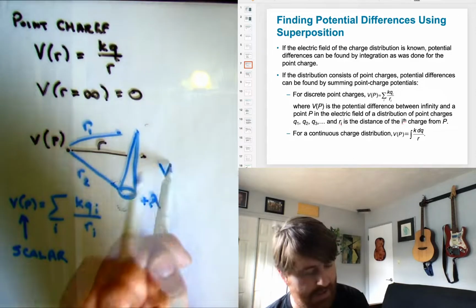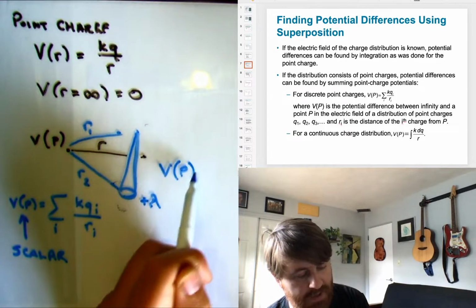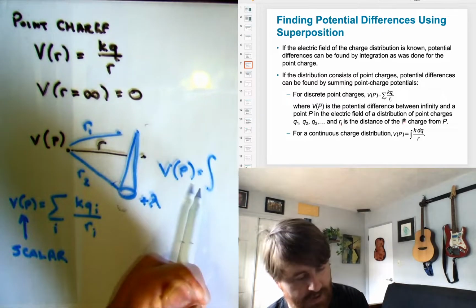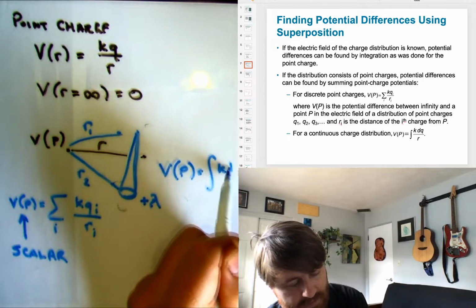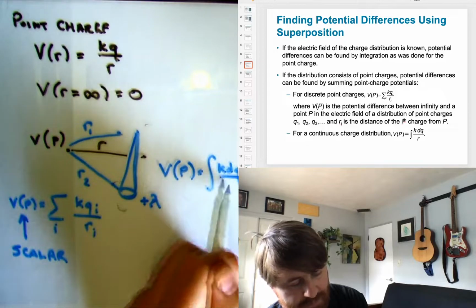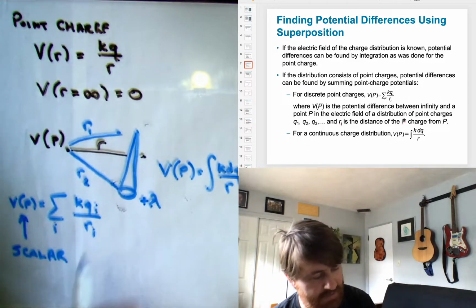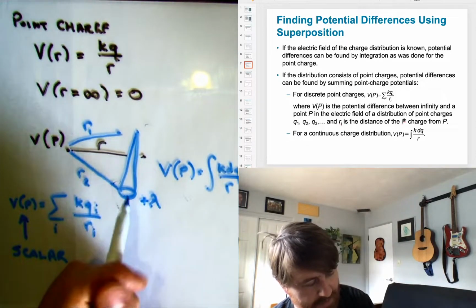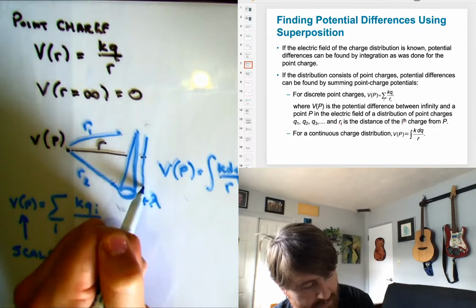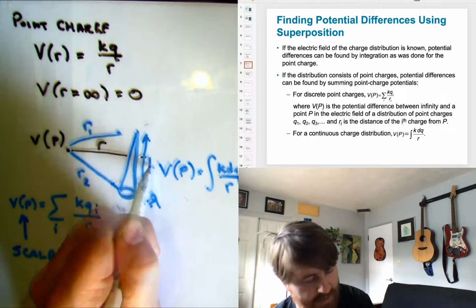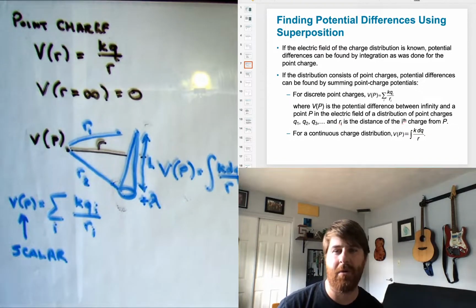So the potential at a point P would be the integral of the potential due to a bunch of point charges. And we shouldn't have this go out to infinity. This would have to be a finite wire of length L. If it goes to infinity, then we're making a mistake. We have to change things.